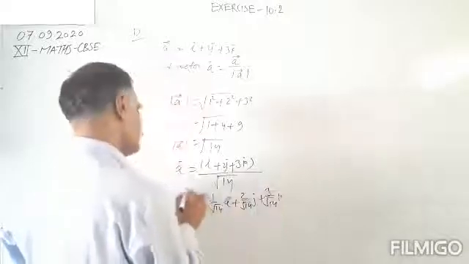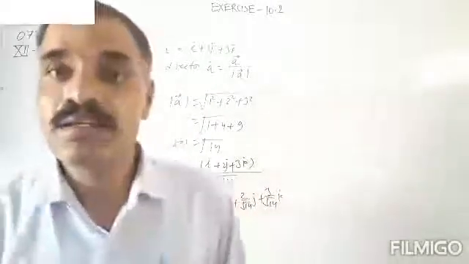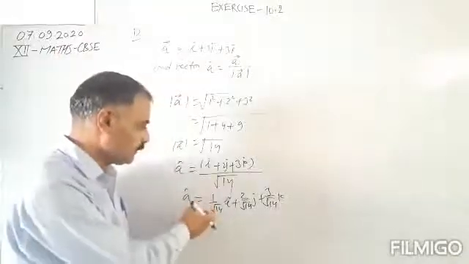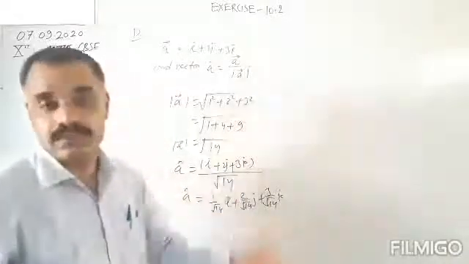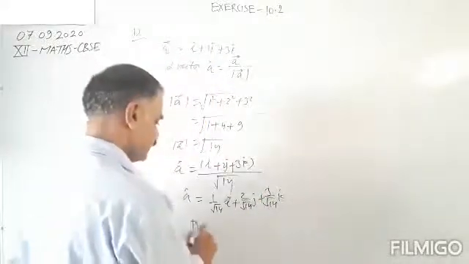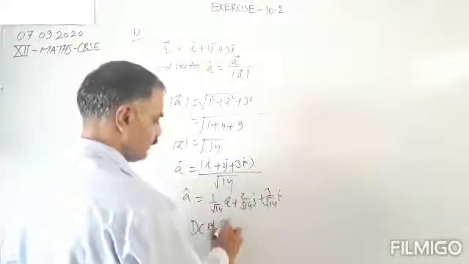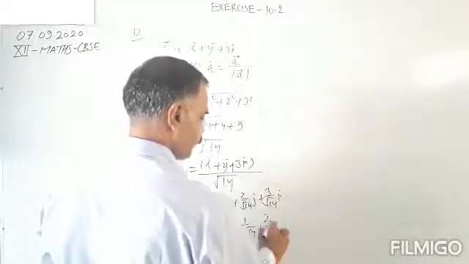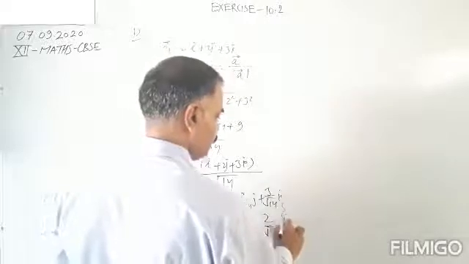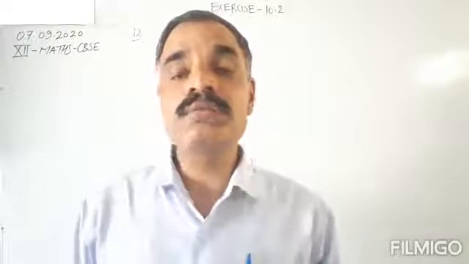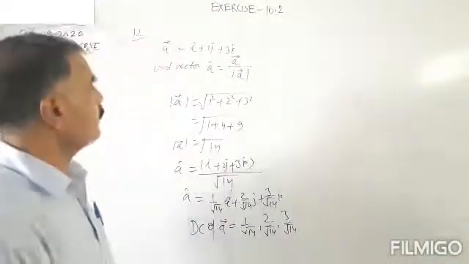So this is the unit vector, and its components 1 upon under root 14, 2 upon under root 14 and 3 upon under root 14 are the direction cosines. So in this way you can solve question number 12.